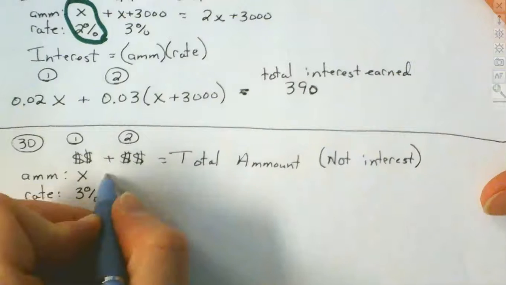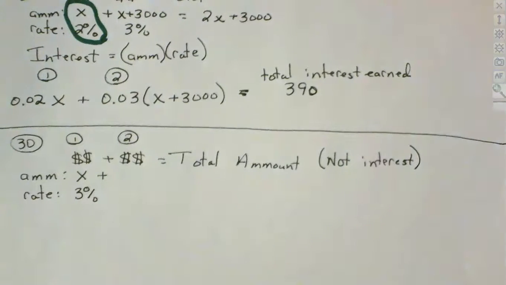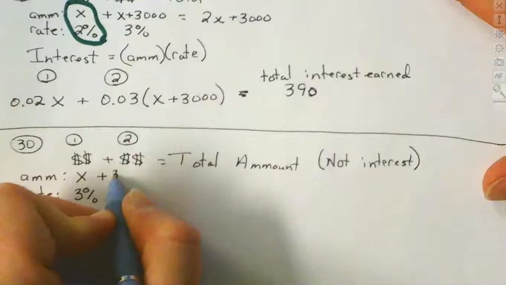Now we're going to invest some more money at a different rate. So now we invest some of the money at 3%, which is what we did, and $30,000 more than twice this amount. So $30,000 more than twice this amount would be $30,000.